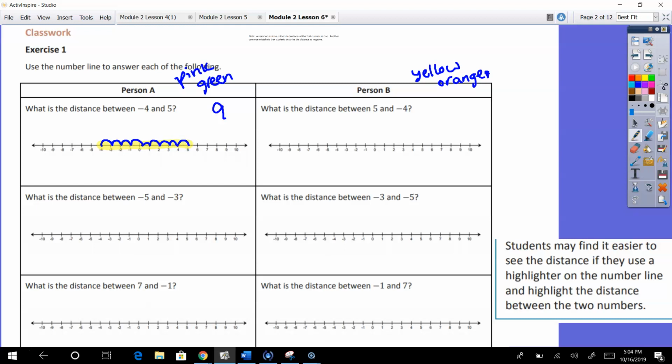And then what was the distance between 5 and 4? And so we were starting with 5. 1, 2, 3, 4, 5, 6, 7, 8, 9. And so you also got 9. So were you and your partner's answers the same for the second and third problems as well?